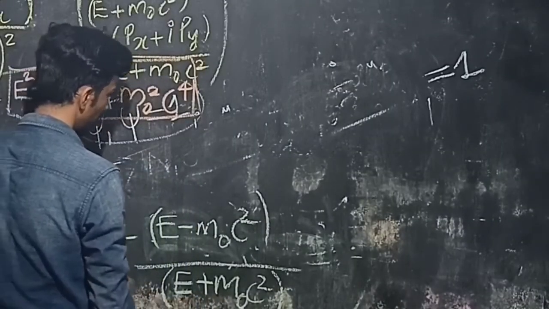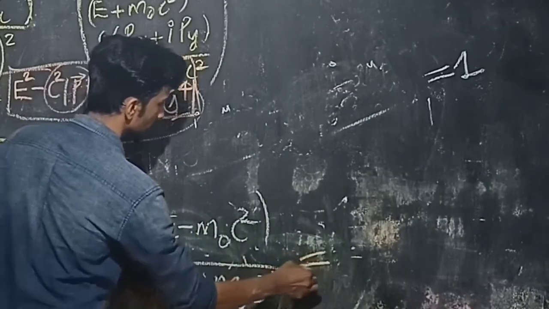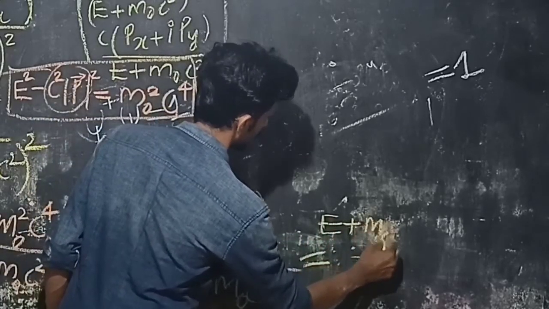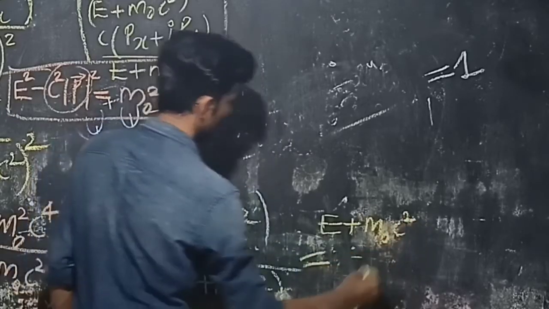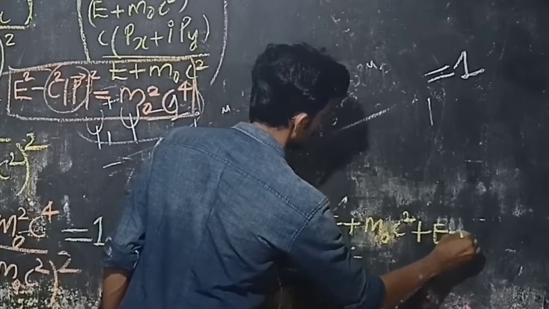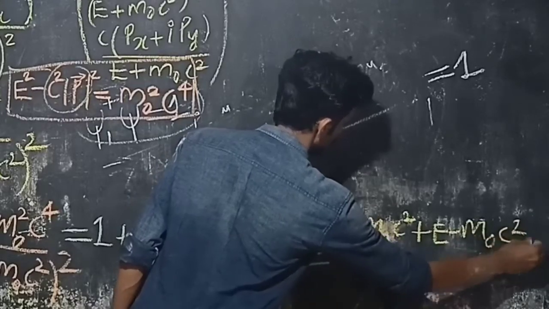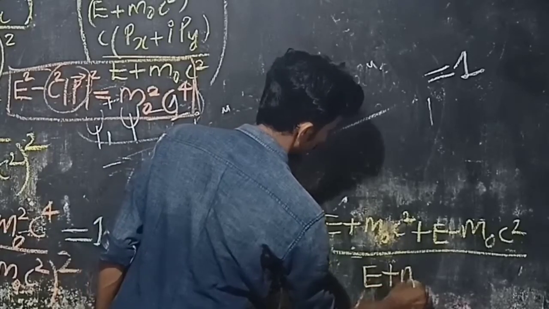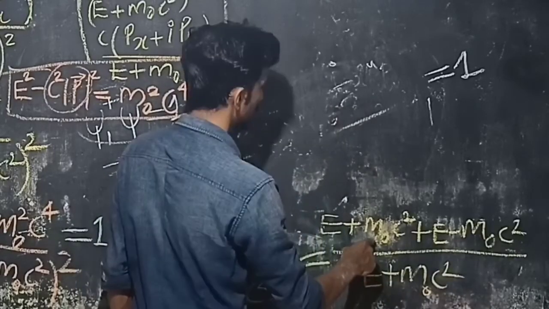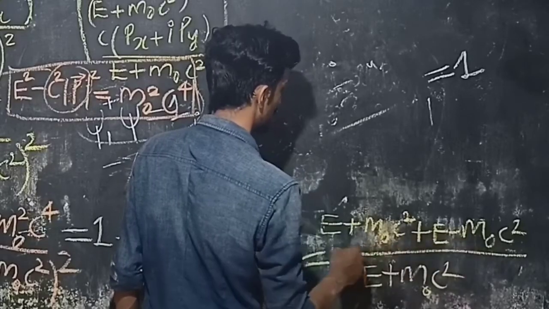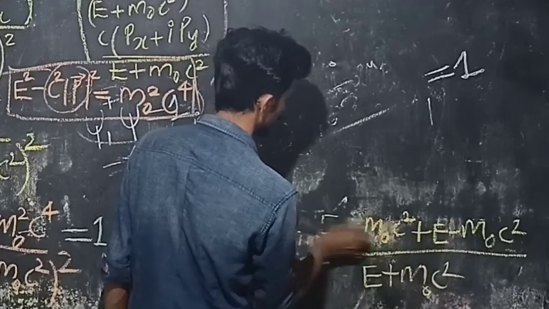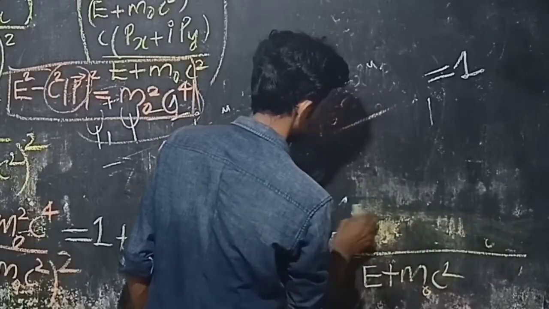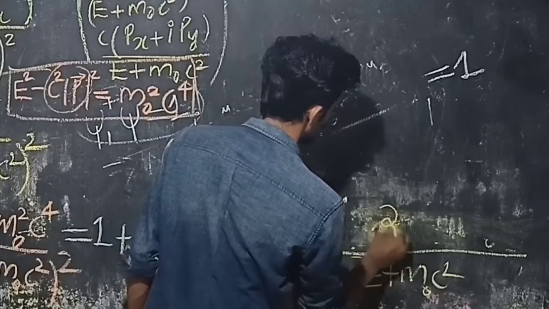On taking this denominator to the numerator gives E plus m naught c square plus E minus m naught c square over E plus m naught c square. This plus m naught c square and this minus m naught c square cancel and this E and E add up. So this is actually two E.